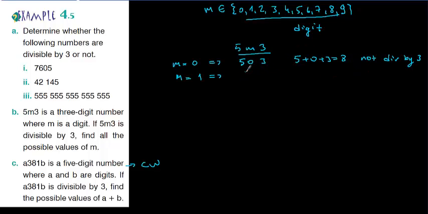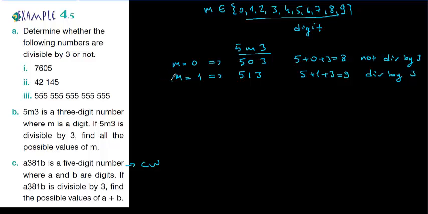The second number is 513: 5 plus 1 plus 3 is equal to 9, and this is divisible by 3.